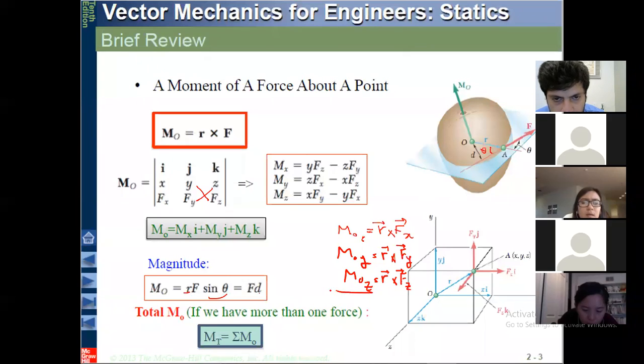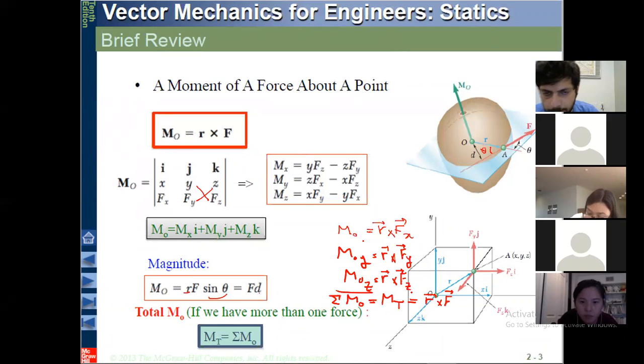And if you sum these up, you're going to get the total moment. So this is equivalent to the cross product of R by vector F. Okay. Is there any question about this?